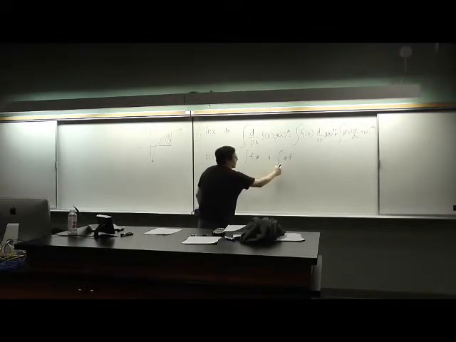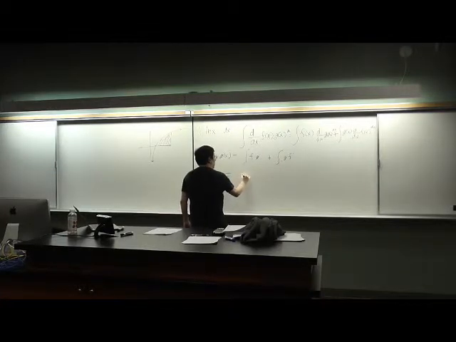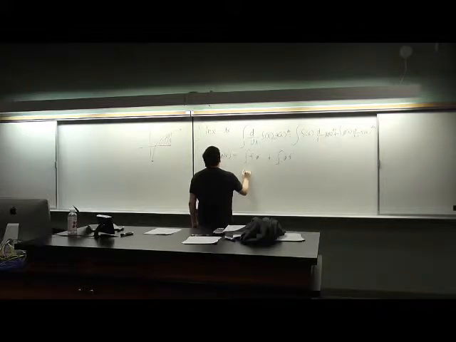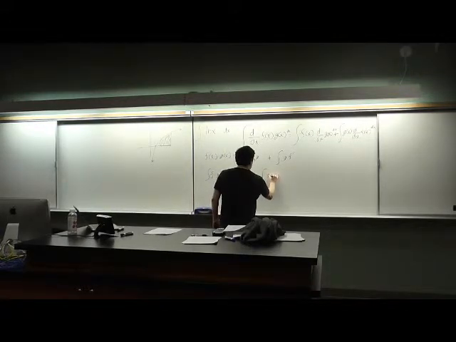And now I'm going to subtract this from both sides, and I'm going to switch things. So I get f times g prime equals what? Equals f times g minus integral of g times f prime.